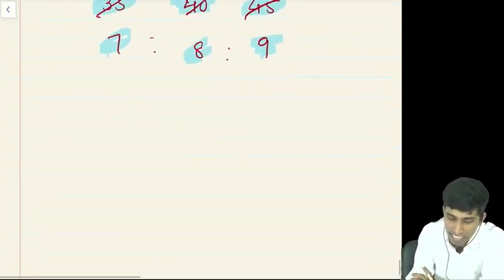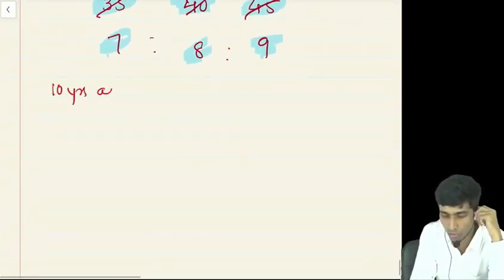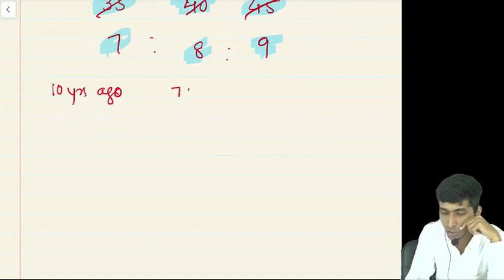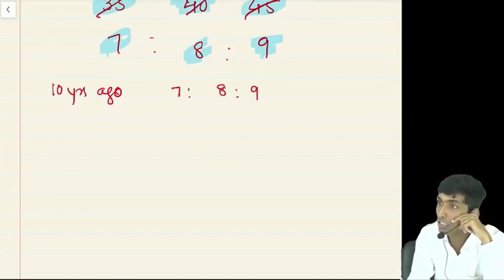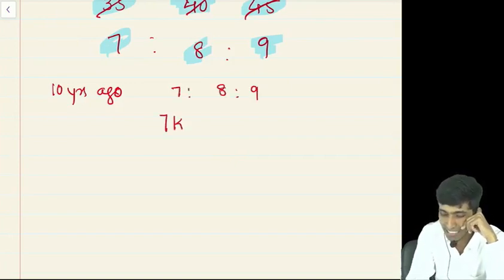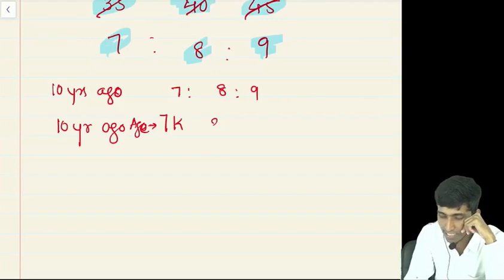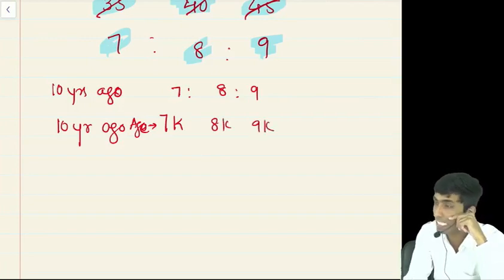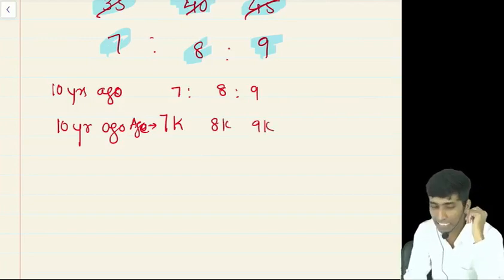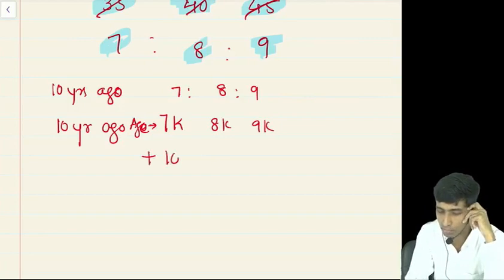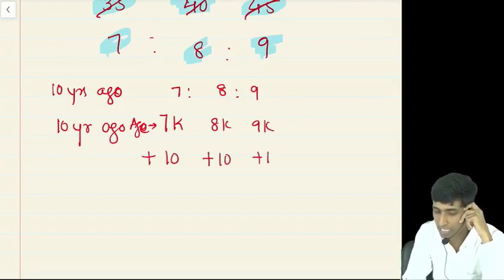Listen, 10 years ago, the ratio of their ages is 7 is to 8 is to 9. That means I can say 10 years ago, the ages were 7K, 8K, 9K, agree? Present age, what should I do? Plus 10, plus 10, plus 10.